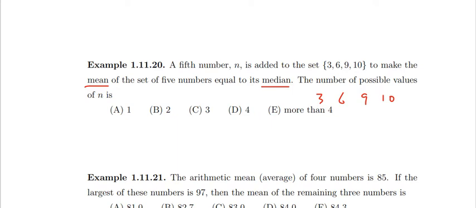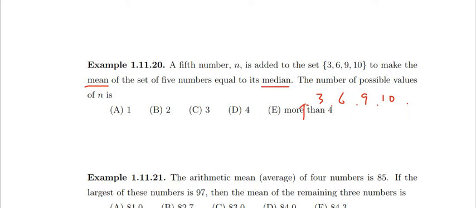Let's say n could be very small, could be here, or here, or here. But the requirement is that the mean and median are the same.